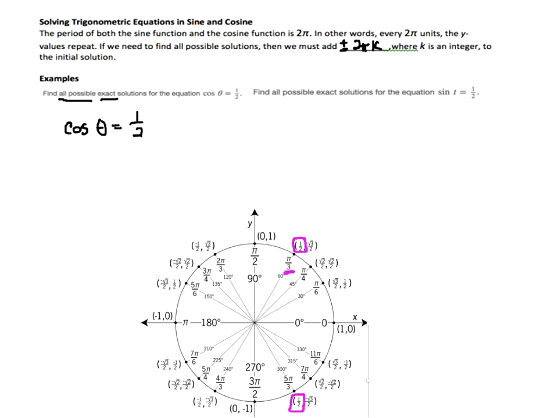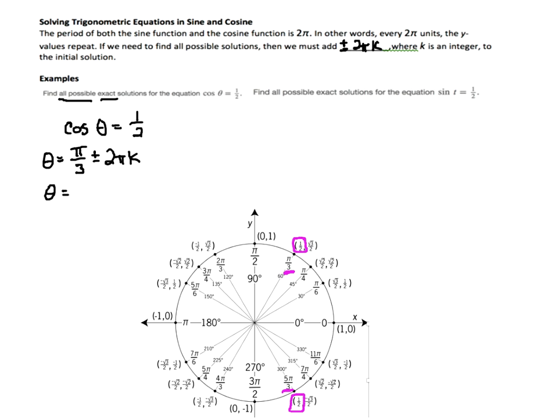When theta is pi over 3, or when theta is 5 pi over 3, the cosine of those two angles is 1/2. So theta had to be either pi over 3, but don't forget, maybe I'm going through the circle multiple times, so I need to add or subtract 2 pi k.